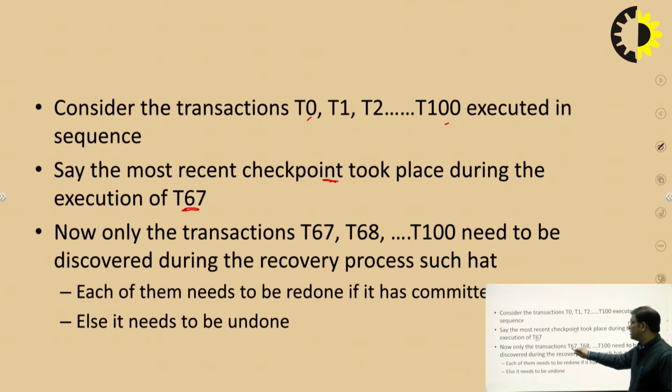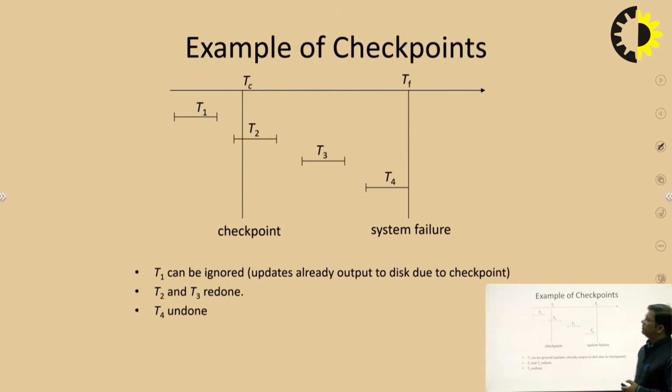Now only the transactions T67, 68 to 100 need to be recovered. So this is the importance, or the beauty, of the checkpoint. This is a simple example of a checkpoint, like for example T1, T2, T3, T4. There can be a checkpoint at the T2 level, a checkpoint at T4, and so on.